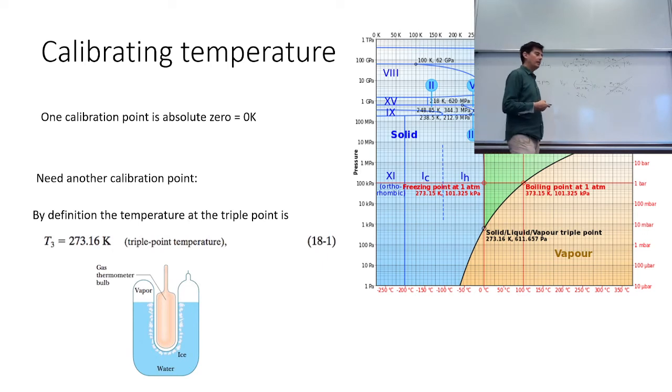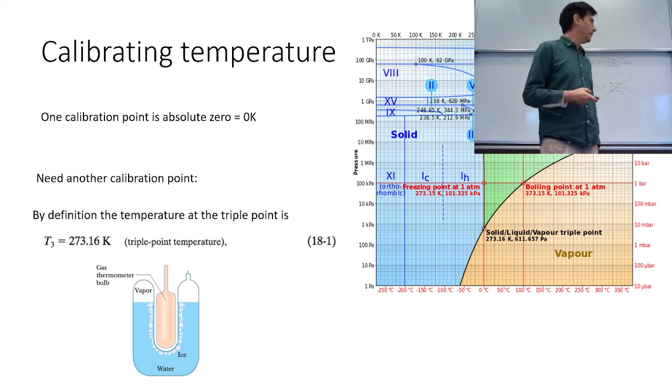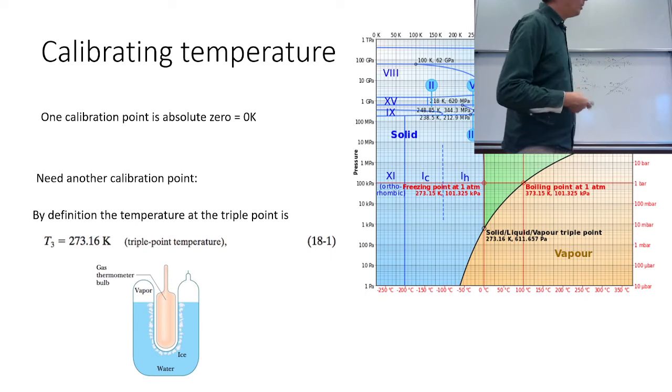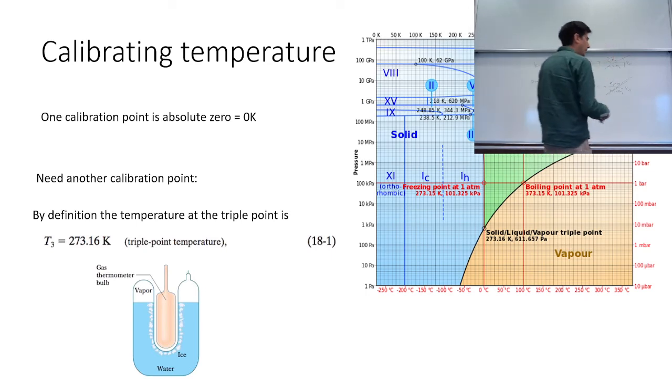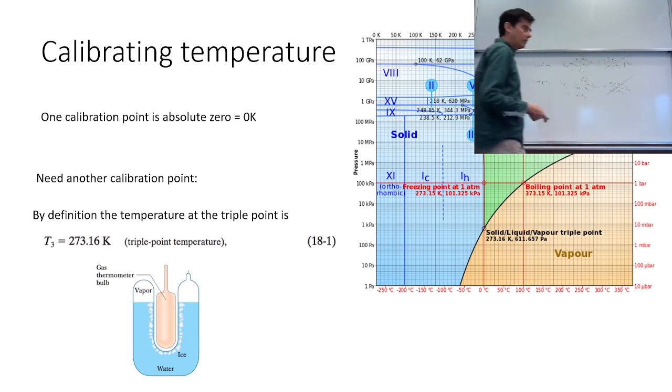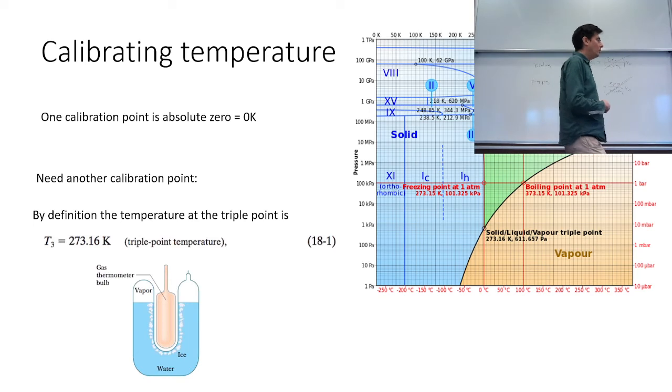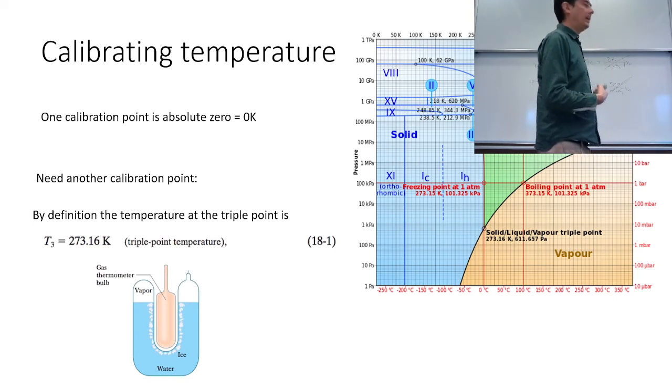That's basically what the triple point means. It's a special point in the phase diagram of temperature and pressure of water where you have ice, liquid water, and water gas, steam, all at the same time. And that's a kind of unique signature that you can use to calibrate your temperature.